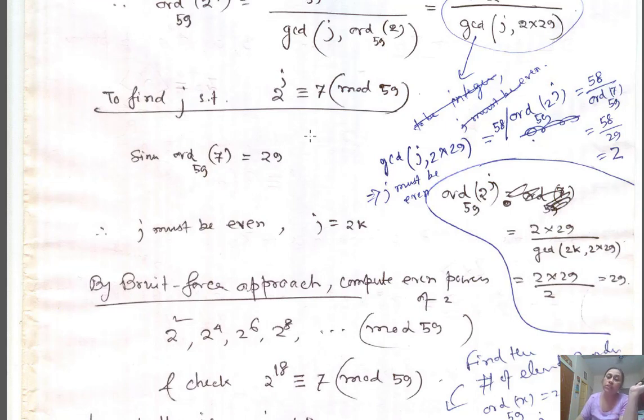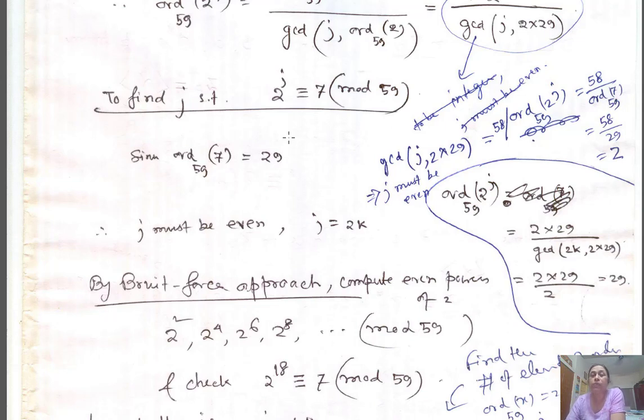So finding the discrete log is a very hard problem, and based on that, we are going to discuss a public key encryption scheme. Public key encryption schemes are mainly based on hard problems. Some schemes derive their security from the hardness of the factorization problem. Factorization of large integers is hard, like RSA.